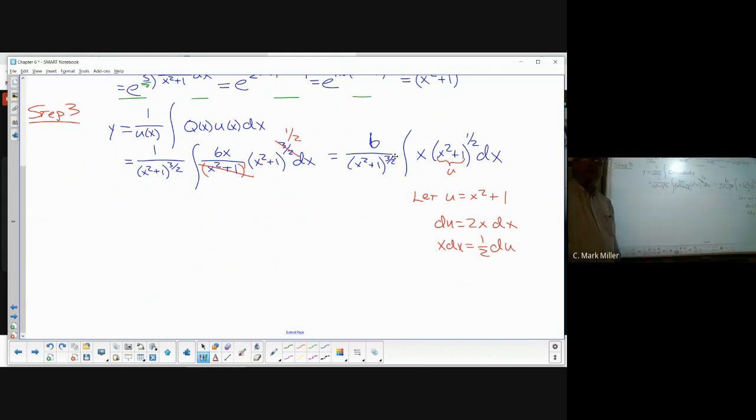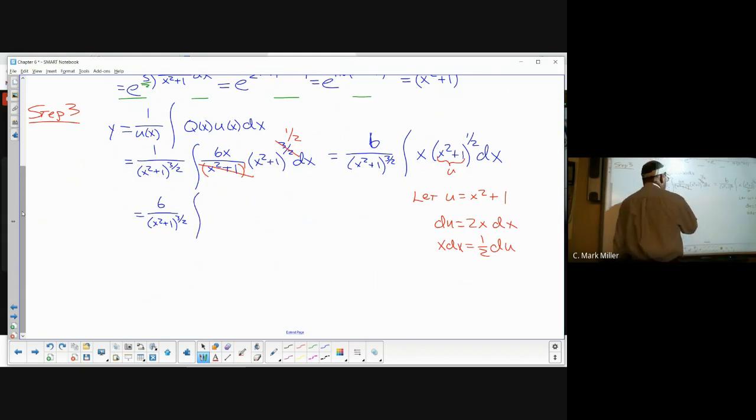This is one of the last sections of chapter 4. So that particular integral, using U substitution, is 6 x squared plus 1 on the outside, 3 halves, doesn't change. And what you have inside here is the integral of x squared plus 1 to the 1/2 times x dx.